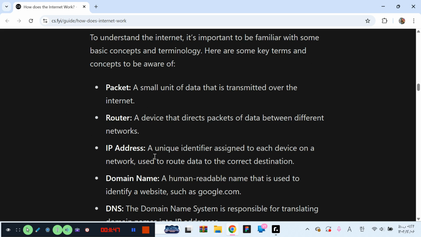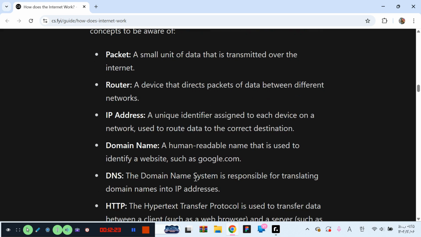IP address: a unique identifier assigned to each device on a network, used to route data to the correct destination. See, they use your phone or your device's IP address so they can route your data correctly. Domain name: a human-readable name that is used to identify a website such as google.com.